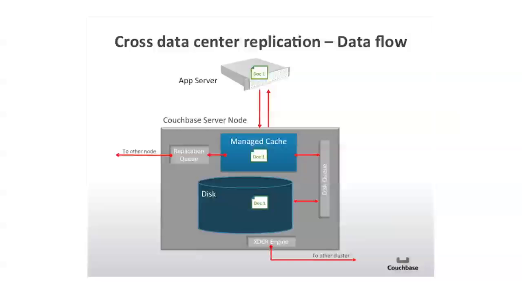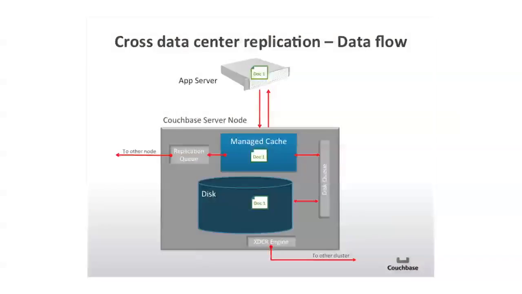So let's take a look at what happens like we did in the case of a write operation. If you've set up XDCR, same thing happens. A document comes into the managed cache, gets sent over to the replication queue. In this case, it's the intra-cluster replication queue, gets persisted to disk. And at that point, the XDCR engine will actually pick it up and send it across the WAN to the other cluster, let's say a target cluster.